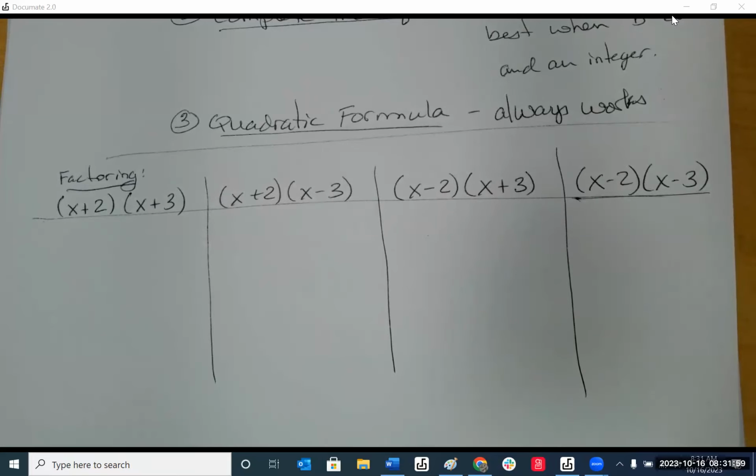Y equals x squared plus 5x plus 6. Actually, we'll factor and solve, because it is an equation: it's got an equal sign and it's got x's.